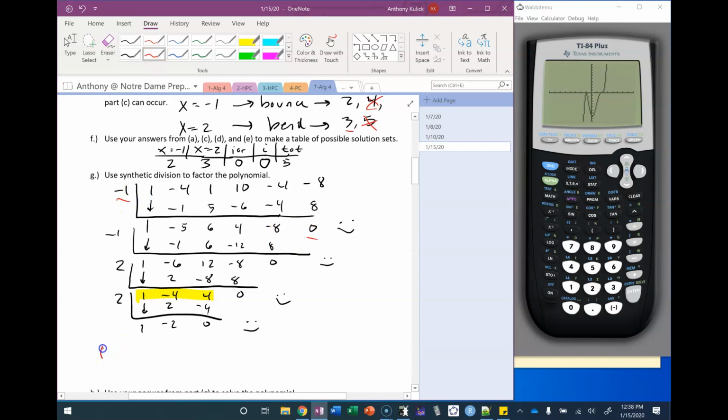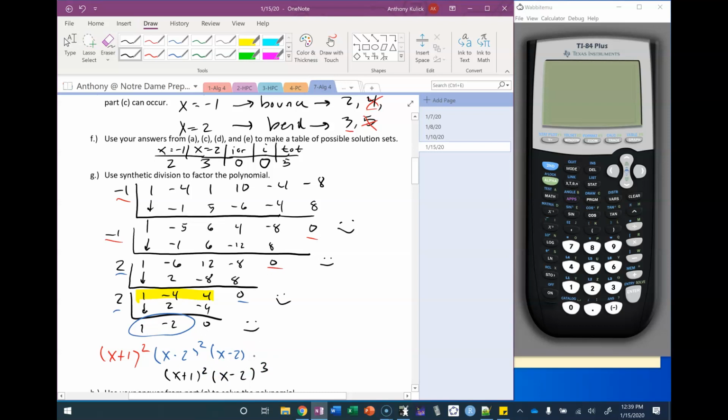So let's see what I have. Because -1 gives me a remainder 0, that means I have an x plus 1. Because -1 gives me a remainder 0 again, I have a second one of them. Because +2 gives me a remainder 0, that means I have an x minus 2. Because it happened again, I have a second one. And then this down here is also an x minus 2. So if I want to put that all together in the most compact way, I could write it that way.